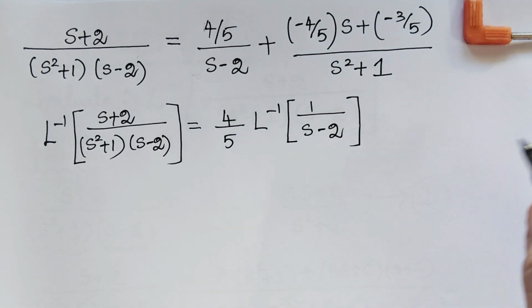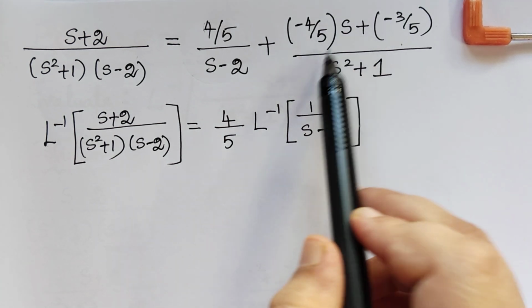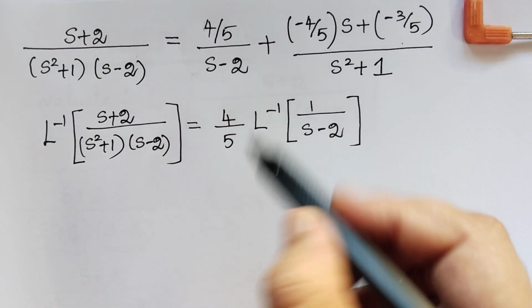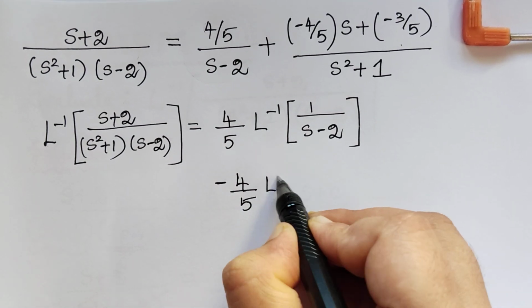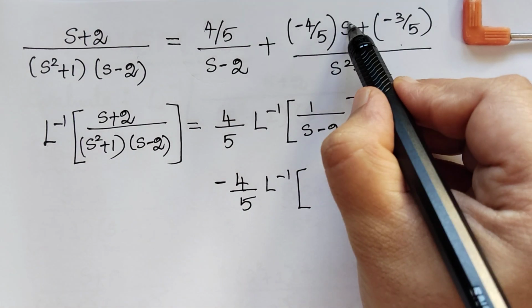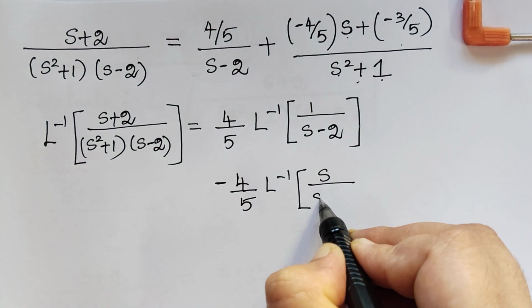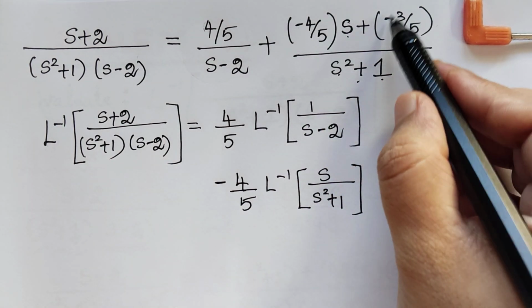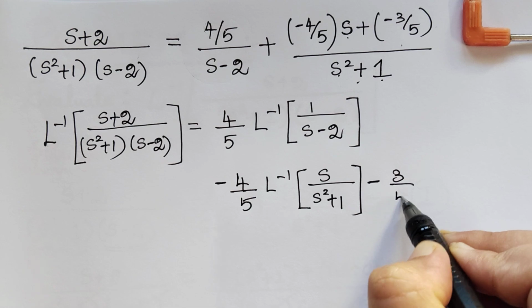And then for the second term, we have two different terms which can be separated and can be written. The first term is minus 4 by 5 is a constant. Laplace inverse of the first term is s by s squared plus 1. So I have written the first term. What is the second term? We have a minus and then 3 by 5.